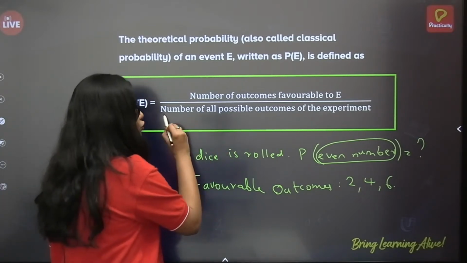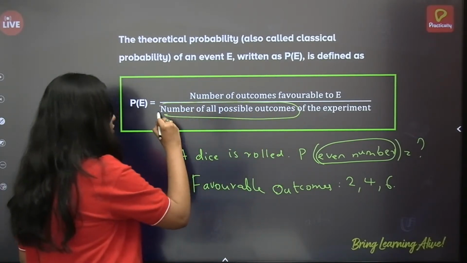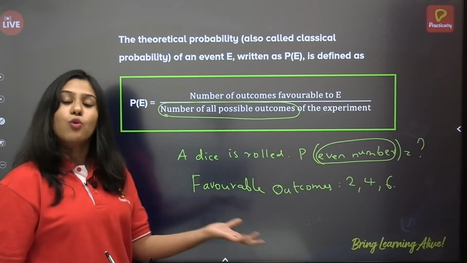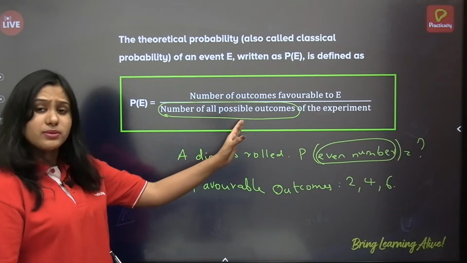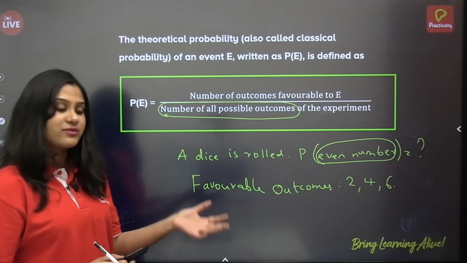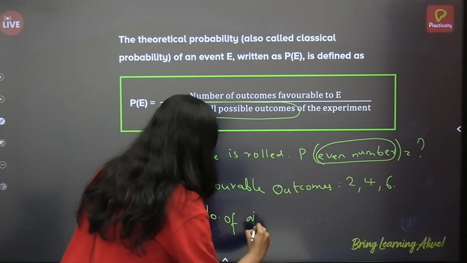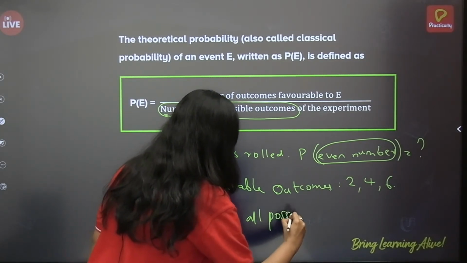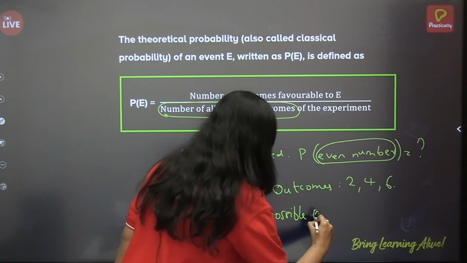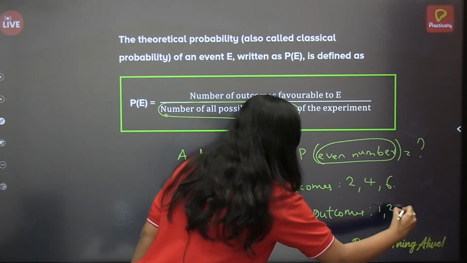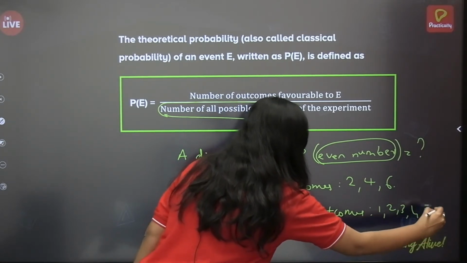And number of all possible outcomes of the experiment. What is the experiment I'm doing here? Rolling a dice. What are the possible outcomes? 1, 2, 3, 4, 5, 6. Correct? So number of all possible outcomes is 6.